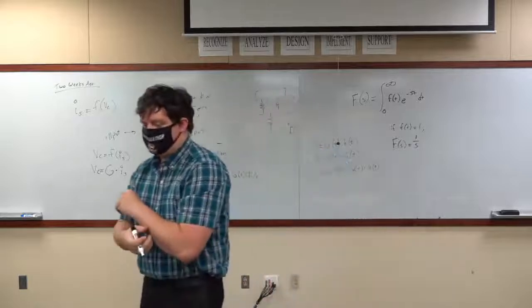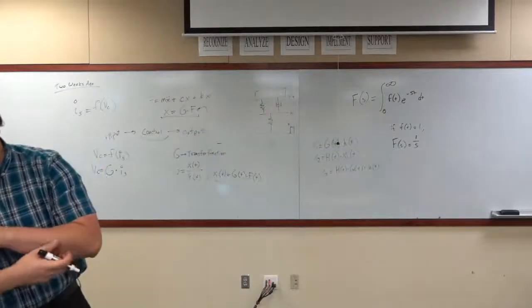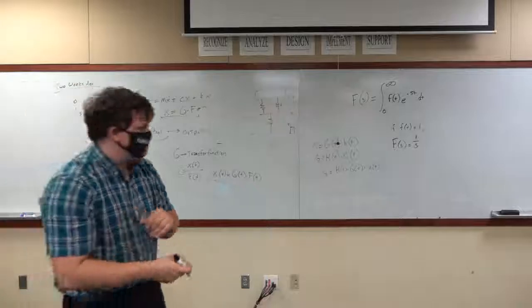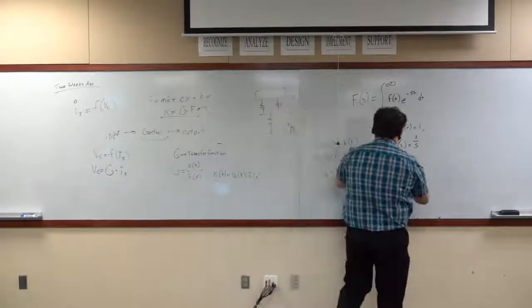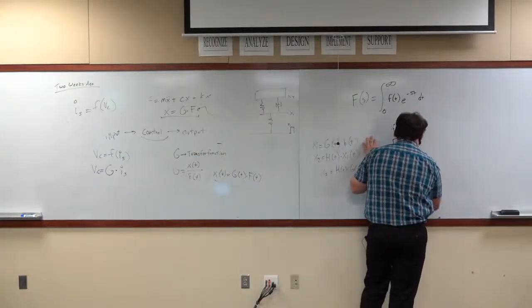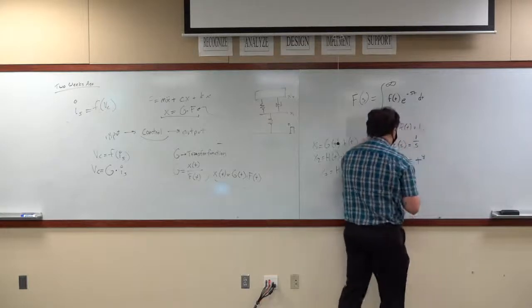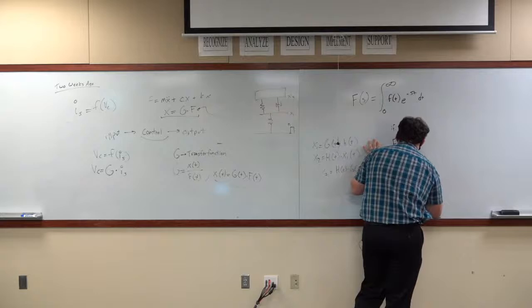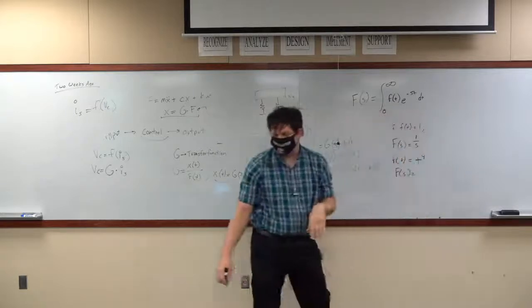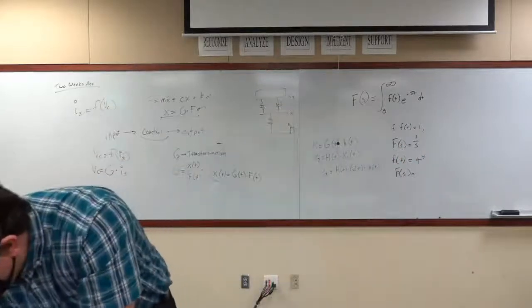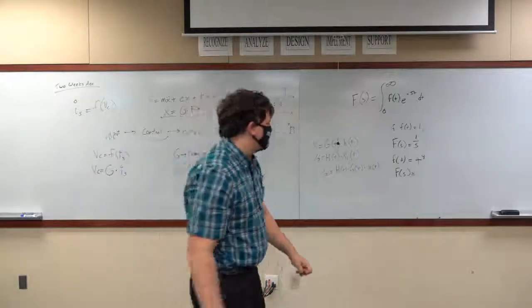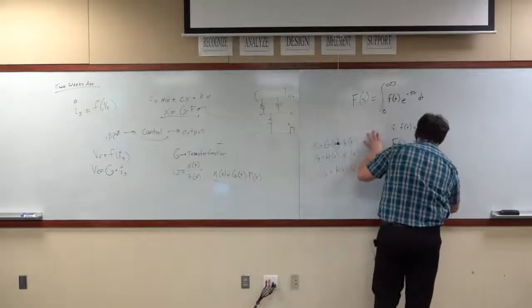If f of t is equal to t to the fourth, then F of s is going to be equal to 4 factorial divided by s to the 4 plus 1.